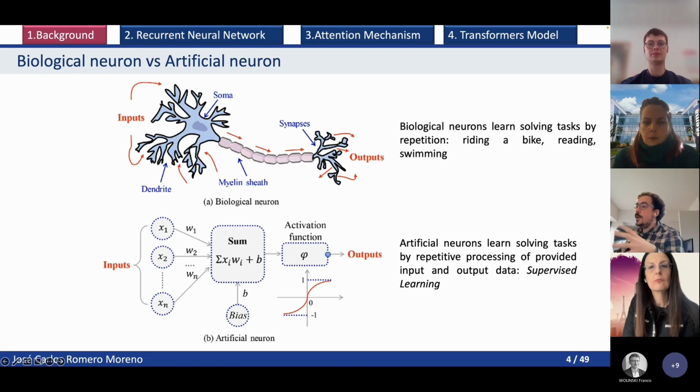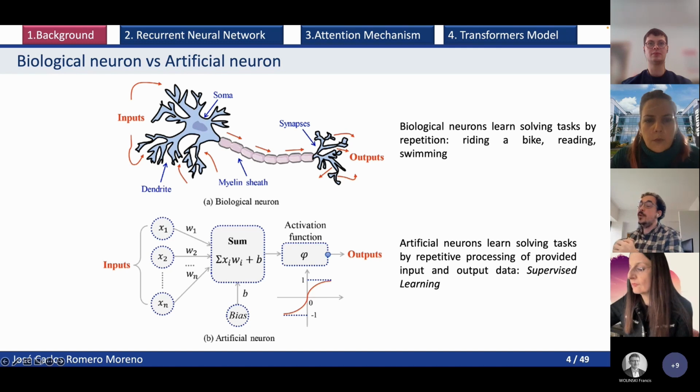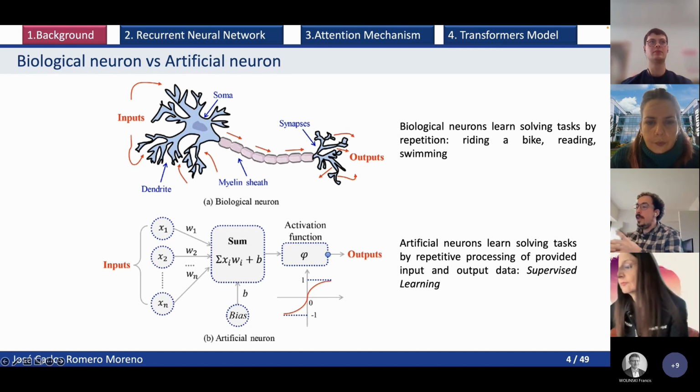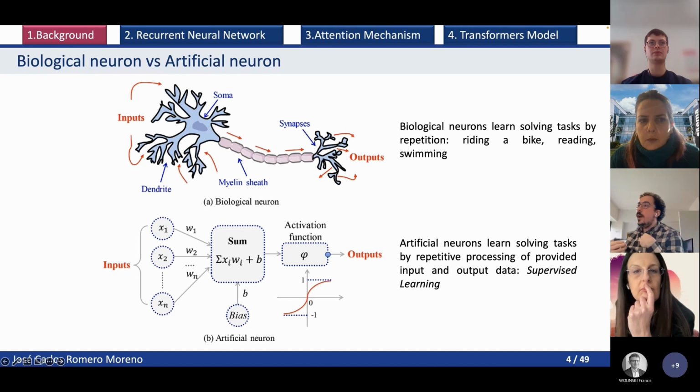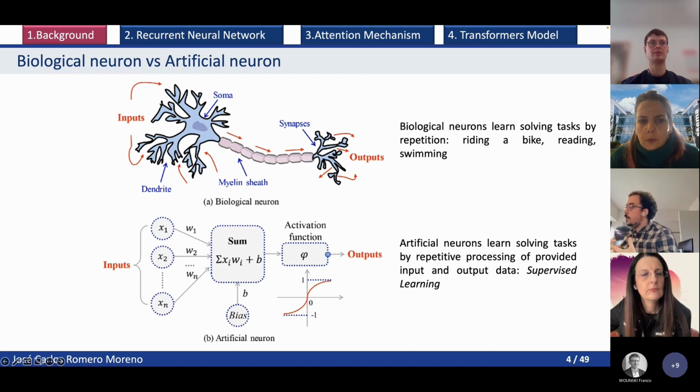So an artificial neuron has the same structure as a biological neuron, where you have a cell, like the brain of the neuron, and you have connections to receive an input, an electrical input in the biological neuron, and it develops a chemical reaction inside the cell, and it gives an output, another electrical current to the next connection in case some rules are applied.